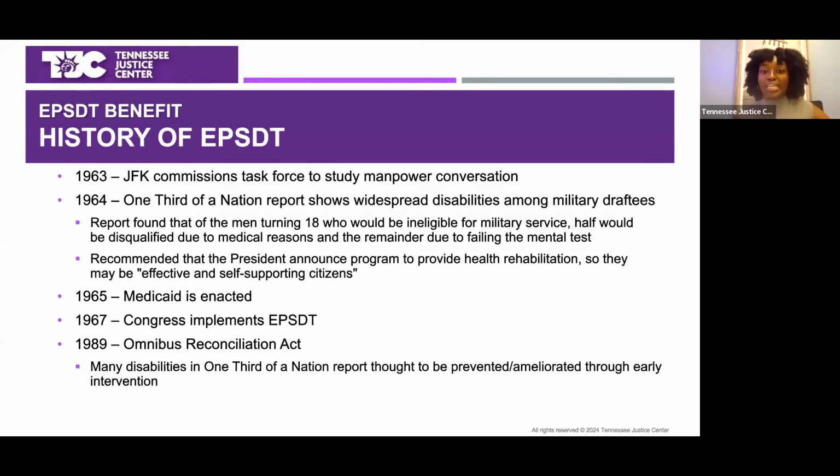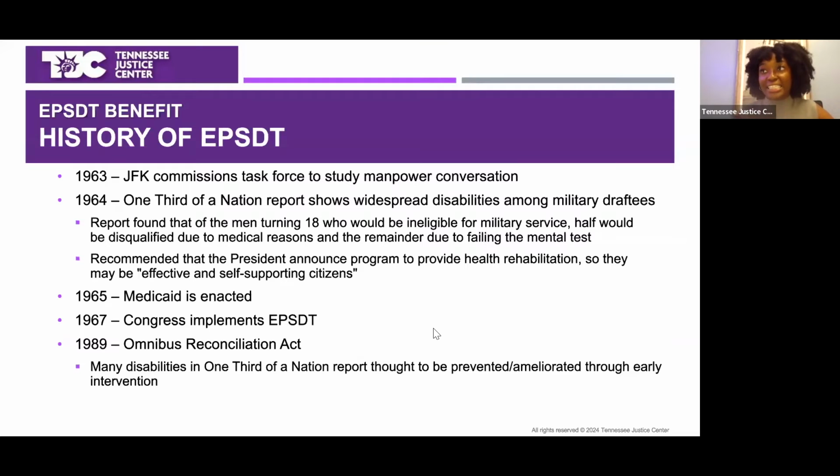Through studying government data and military rejectee questionnaires, the task force found widespread disabilities among military draftees. In light of these findings, the task force recommended that the president establish a program to provide necessary education, training, health, and rehabilitation, and other necessary services that would enable them to be effective and self-supporting citizens.